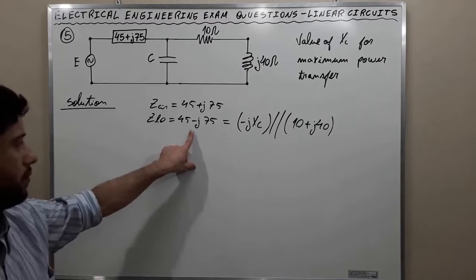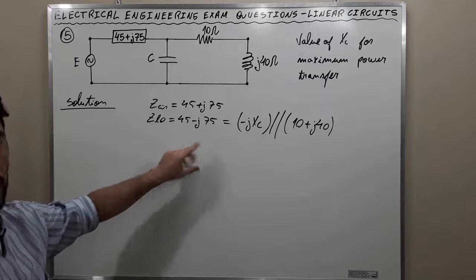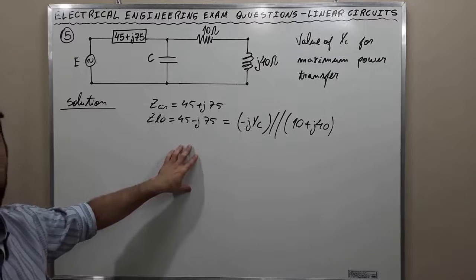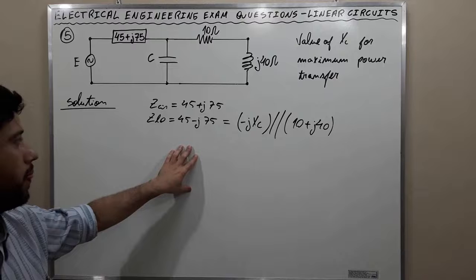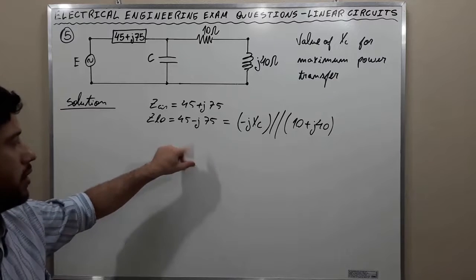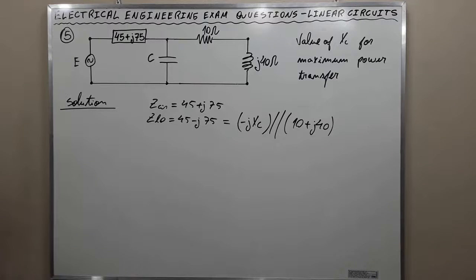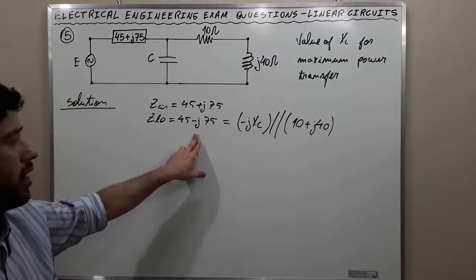Let's inspect the angle here. We are not going to work with the magnitude. The catch here, the trick, is to work with the angle. Let's understand the angle of the load.